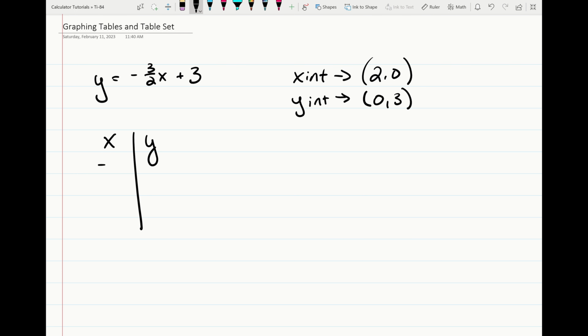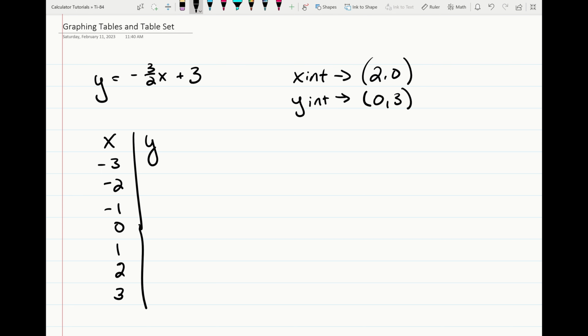So what we're going to do is fill in this chart really quickly. Now, the key to this is to understand that you chose x values, and I just randomly chose them from negative 3 to 3. We want to know what the y values are. To do this, there are two ways.